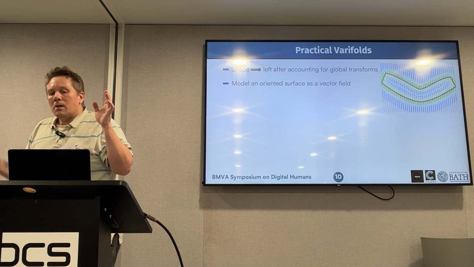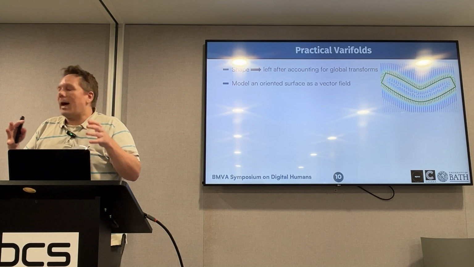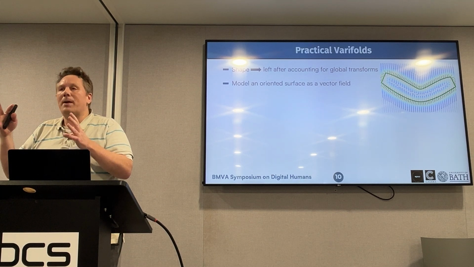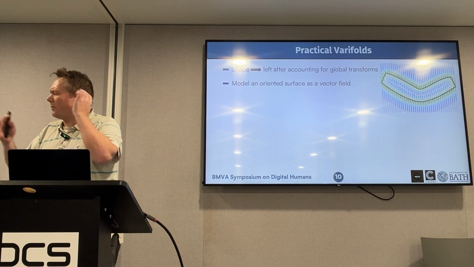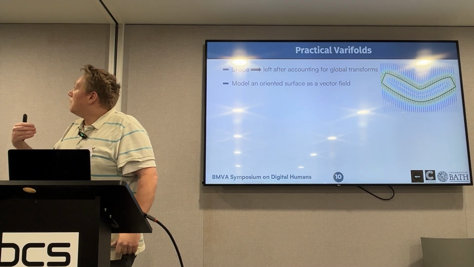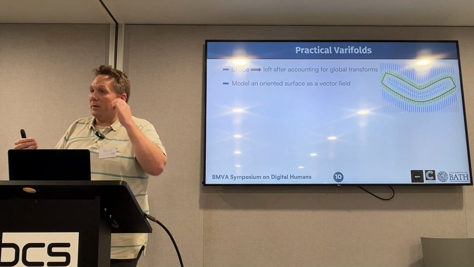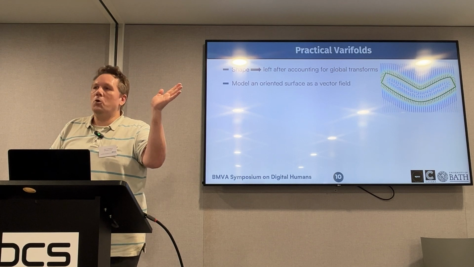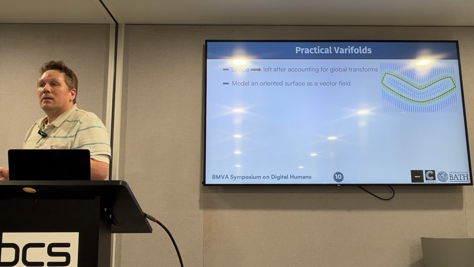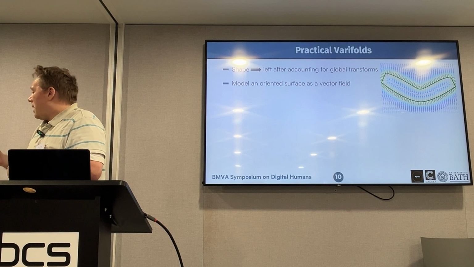You can think of shape as what's left after accounting for global transformation of a surface. And we can model an oriented surface as a vector field. So we have a load of points, the normals, and we can think of modeling that as some sort of vector field.